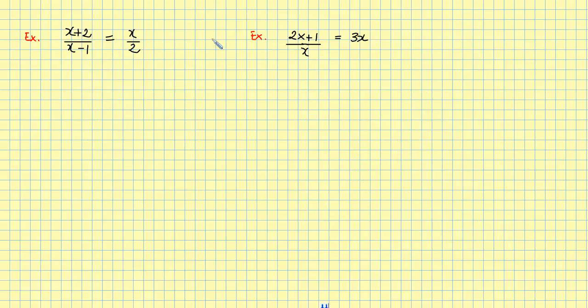We're just going to do a couple more examples, small examples, and I'd say that we're pretty much done. Now, if I have to bring everything over to one side of the equation here, what I could do on the first example is I could just multiply the two equations, cross-multiply across the equal sign. So I will do 2 times x plus 2 is equal to x times x minus 1.